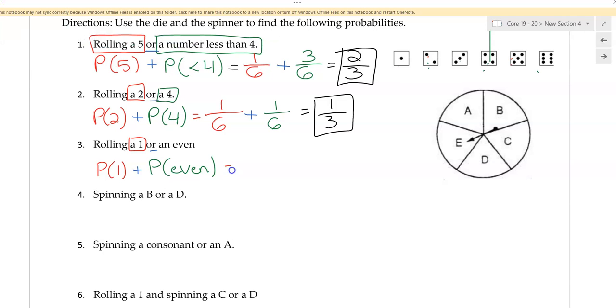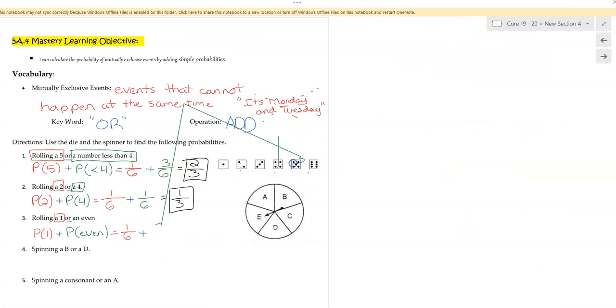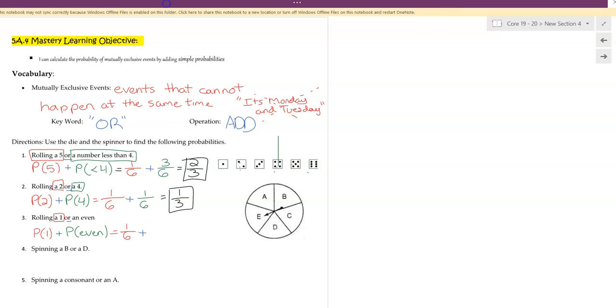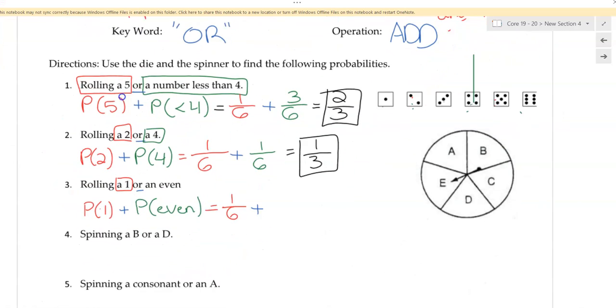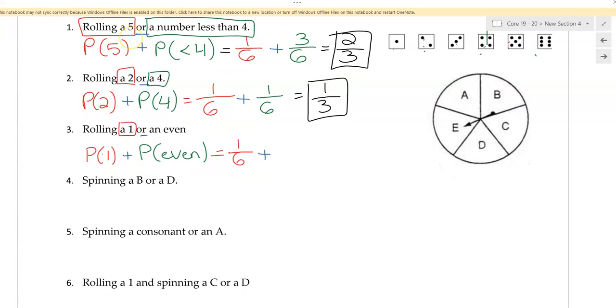The probability of 1 is 1 out of 6, plus the probability of even, like I said, 2, 4, and 6. There are 3 of them. Again, feel free to use a calculator to add 1 out of 6 plus 3 out of 6. It adds and then simplifies to 2 out of 3.